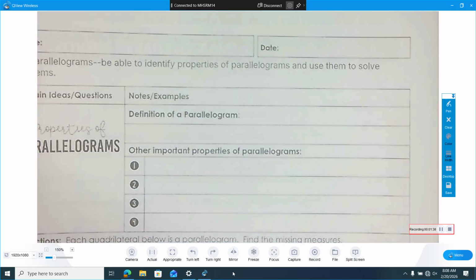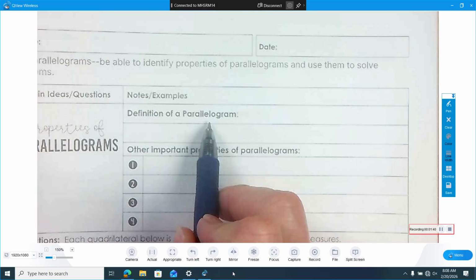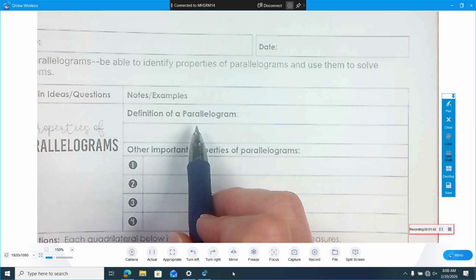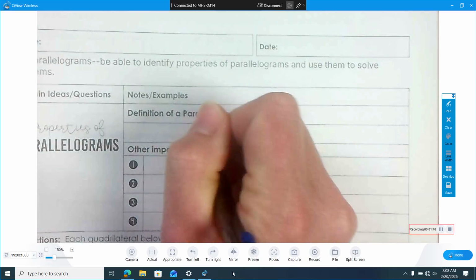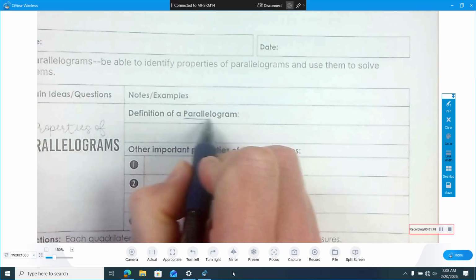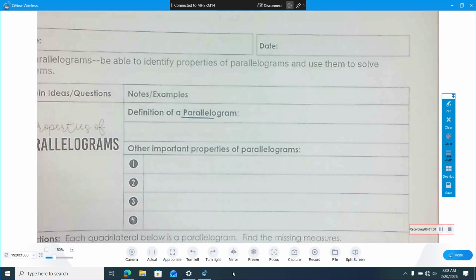So a parallelogram. What is the root of the word parallelogram? Parallel. That is the root of the word. So what do you suppose a parallelogram has? Parallel lines. All right.